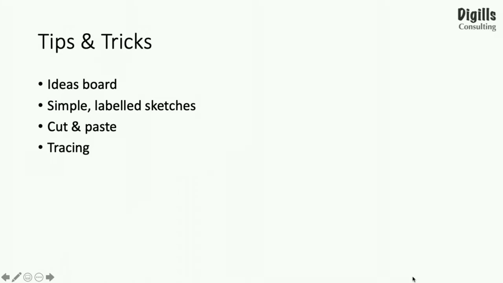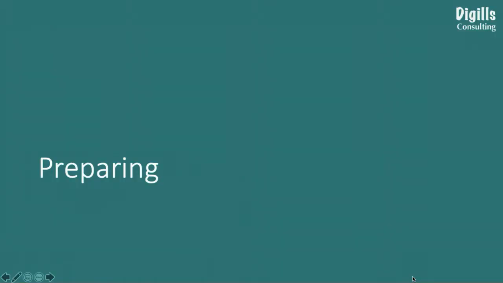So there's lots of ways that you can make use of other people's ideas, and then build on them, as long as you add a little bit of your own inspiration and your own ideas as well, and so long as you credit people where it's other people's work, that's absolutely fine, and that's how a lot of creative people work. So try and get those ideas down on paper first.